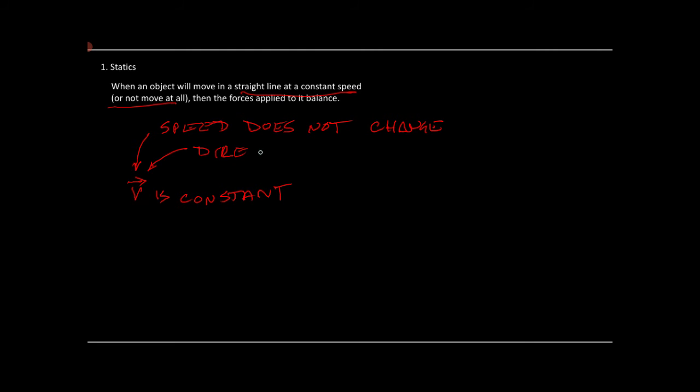So we want this v vector to be constant. Going in a straight line at a constant speed. So that means that speed does not change. And direction does not change. Both of those stay the same. That was rectilinear motion.